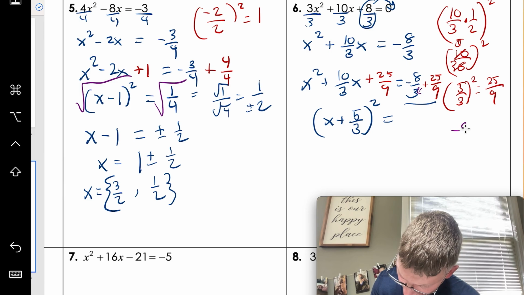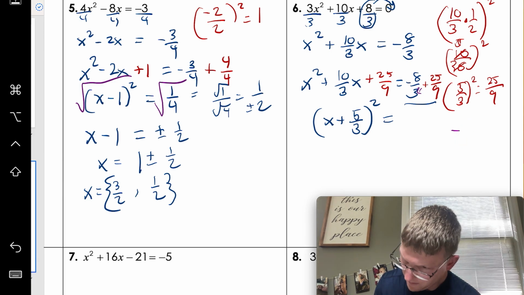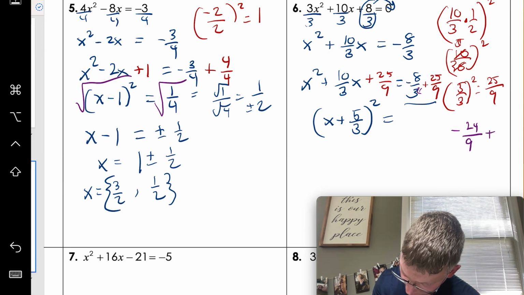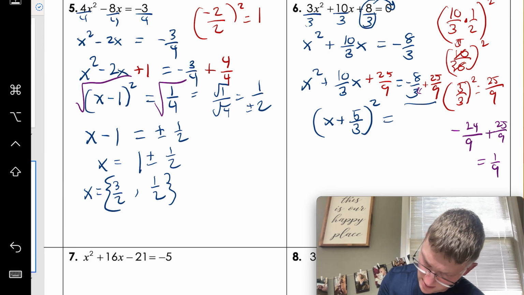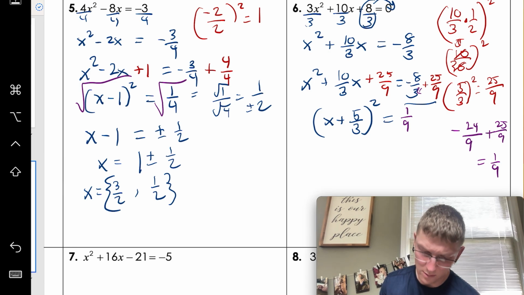So we're going to have negative 8 over, just kidding, we're going to have 24 over 9 plus 25 over 9. So we're going to have 1 over 9 left over. That's not too bad. That's convenient because a lot of our square roots are going to cancel out. So I'm pretty happy about that.